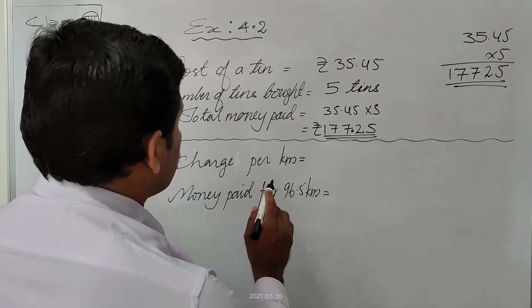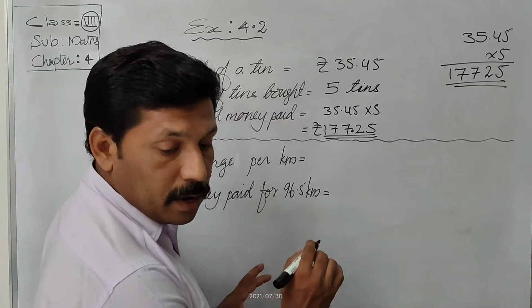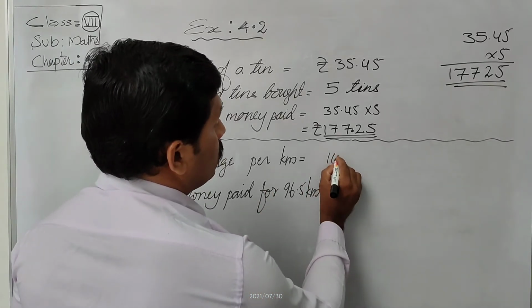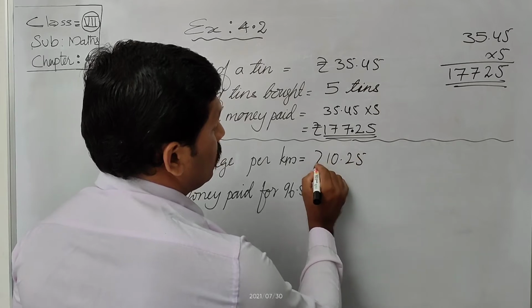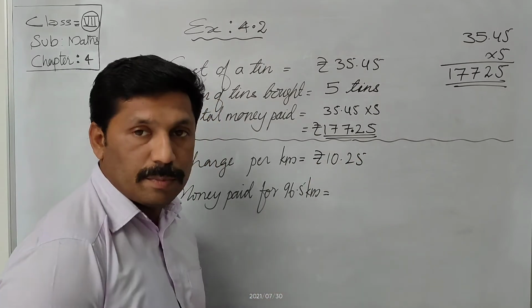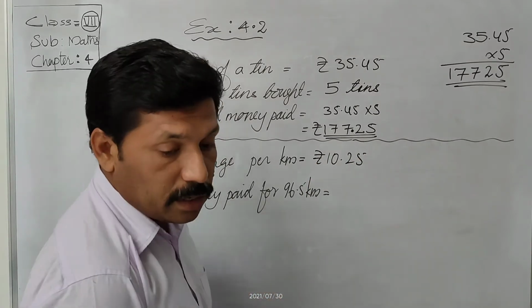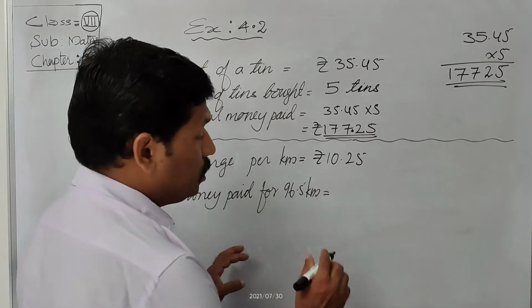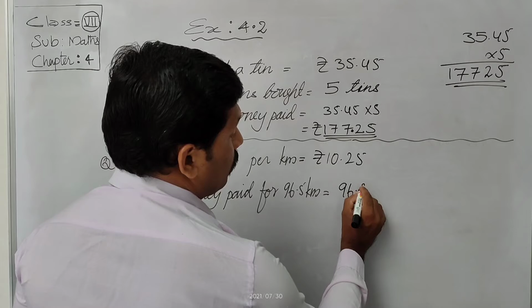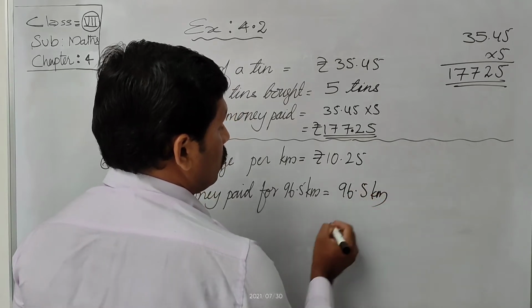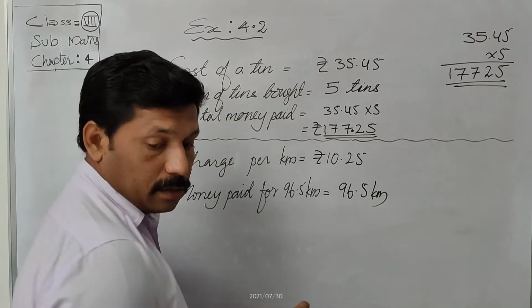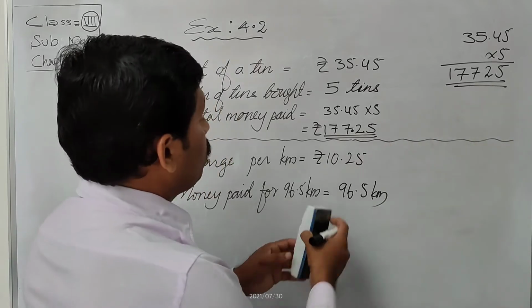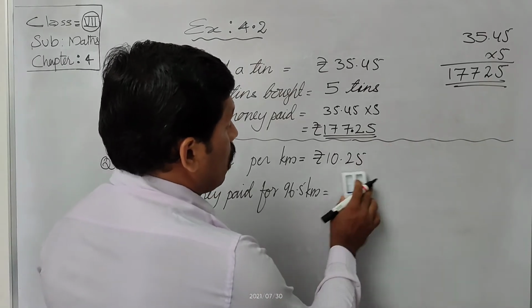So here the charge per kilometer is 10 rupees 25 paise. This is the charge per kilometer. And the distance traveled is 96.5 kilometers. How much does he charge for 96.5 kilometers?